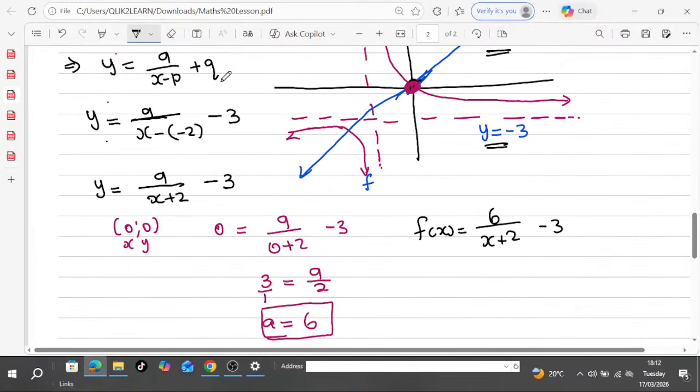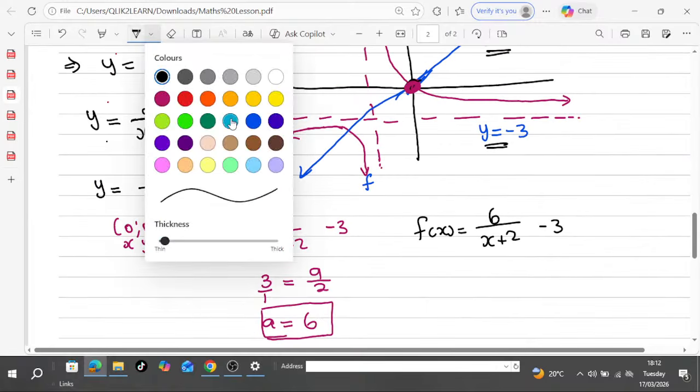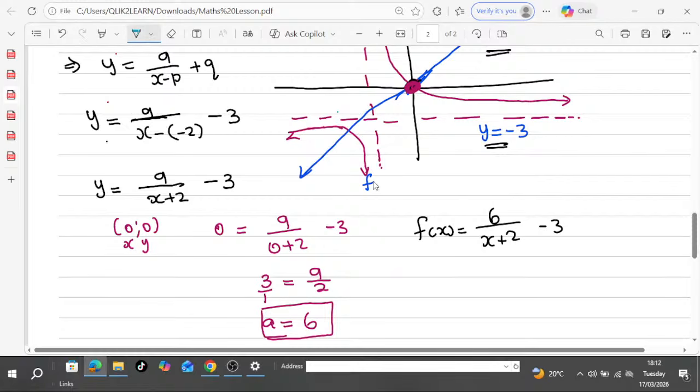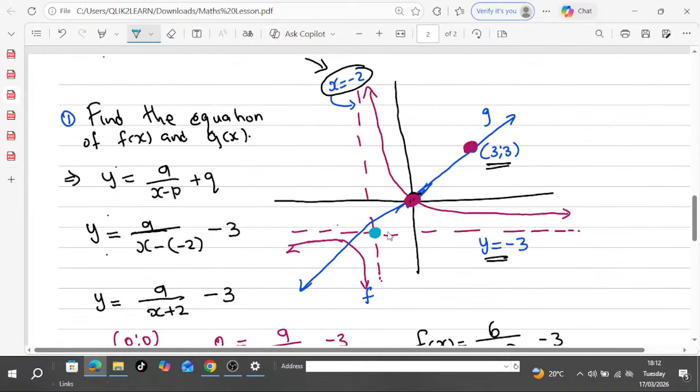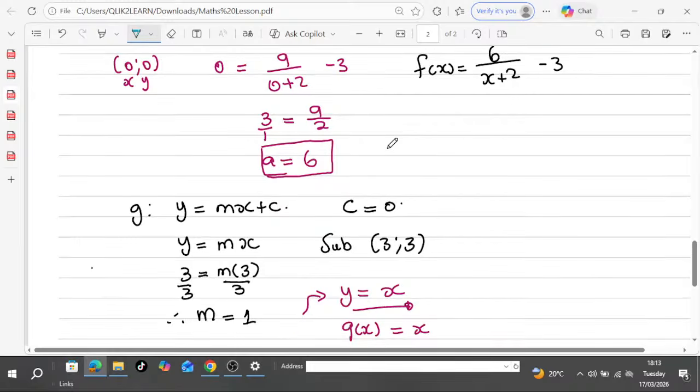The point that we're going to use is the point of intersection of our asymptotes, where x is minus 2 and y is minus 3. We need to substitute this point, (-2, -3).